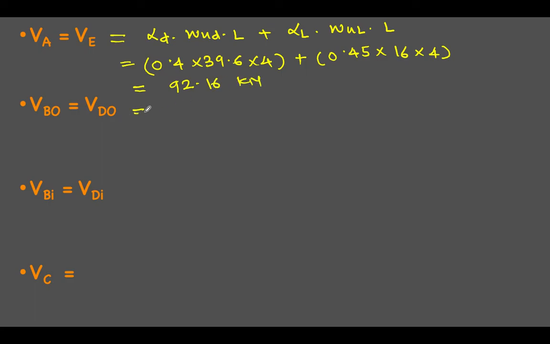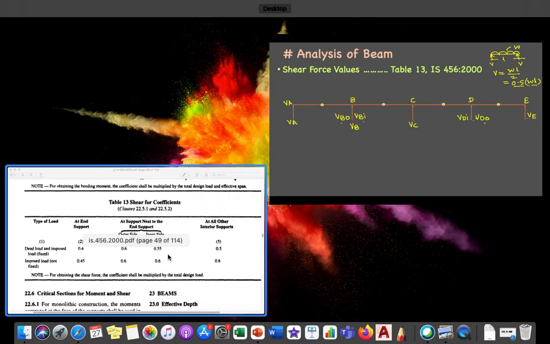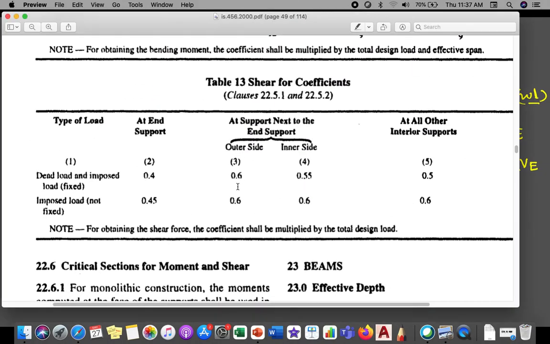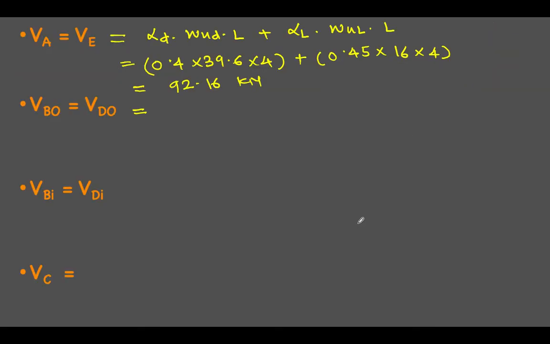Same way now we will be calculating it, considering symmetry. VBO should be equal to VDO, and VBI should be equal to VDI. And for that, outer side we are having 0.6, inner side we are having 0.55 and 0.6. So let us calculate this.